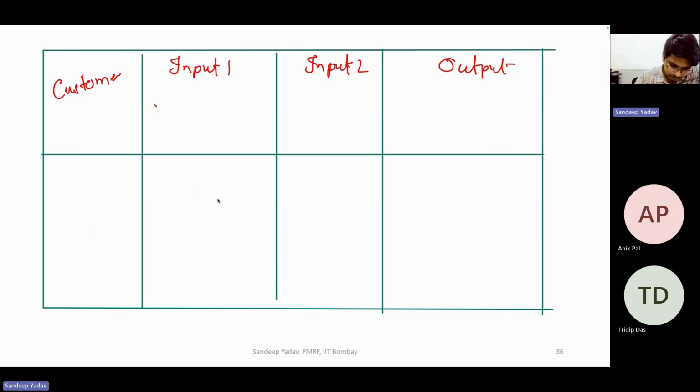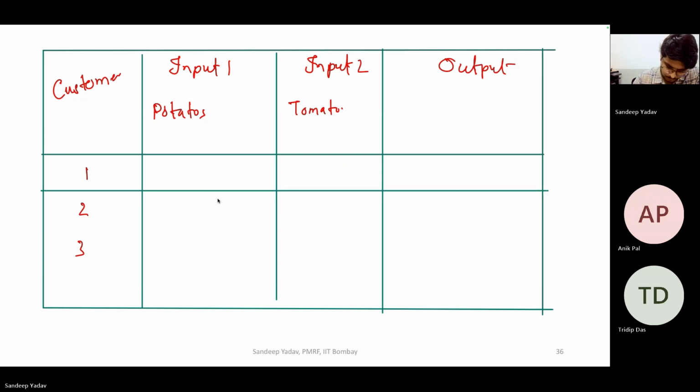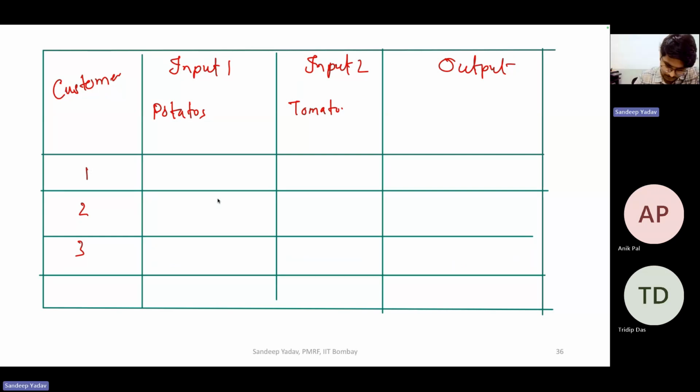So input 1 is potatoes, input 2 is tomatoes. These are customer number 1, customer number 2, customer number 3, and we can write here the total.